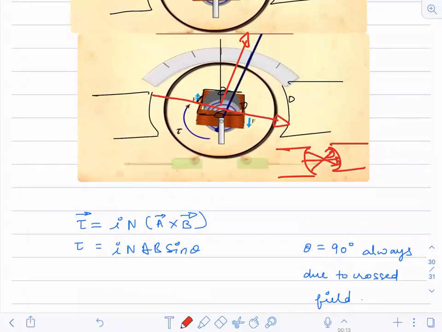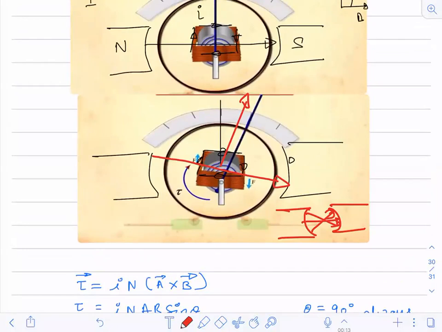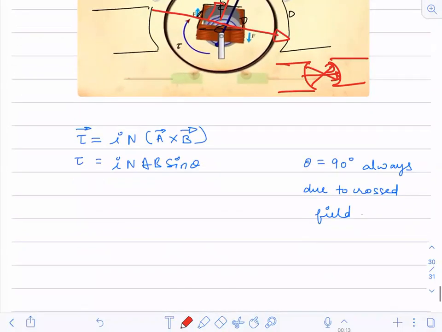So it will always be perpendicular. Here also, it is perpendicular only. It doesn't matter irrespective of the orientation of the coil, the magnetic field will always be perpendicular to the magnetic moment.